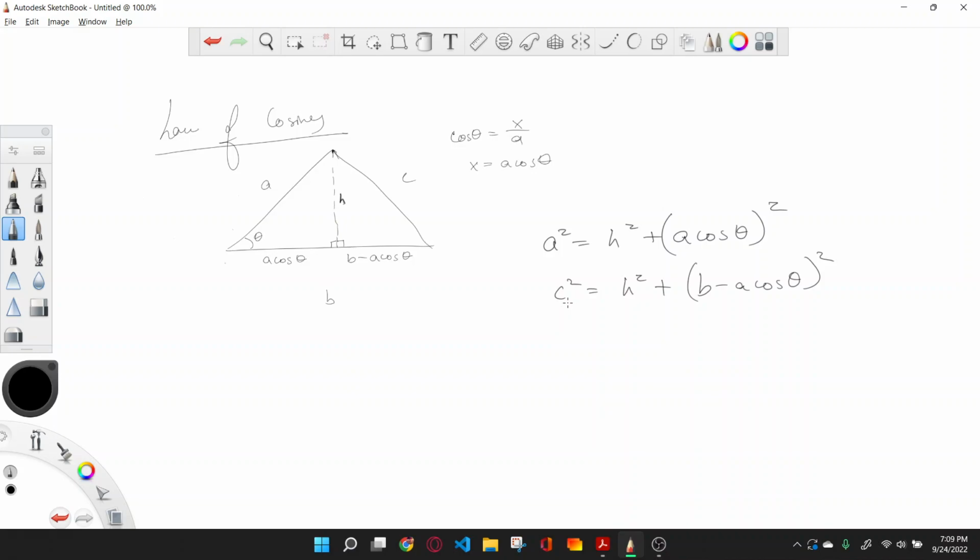Now what you can do is simplify everything first, and then substitute when you see terms that match up. So let's simplify the first equation, which is not that much work. It's just squaring the second part.